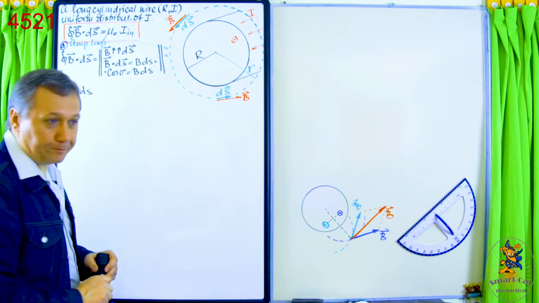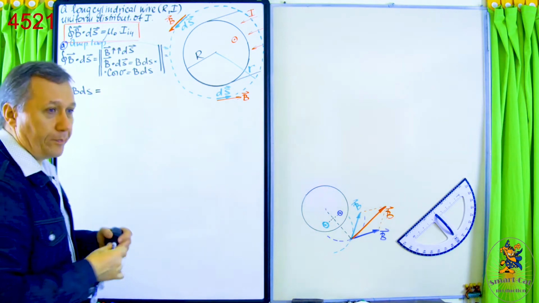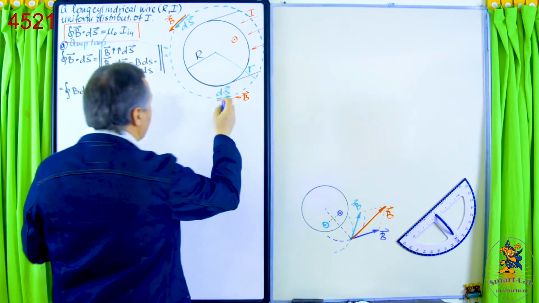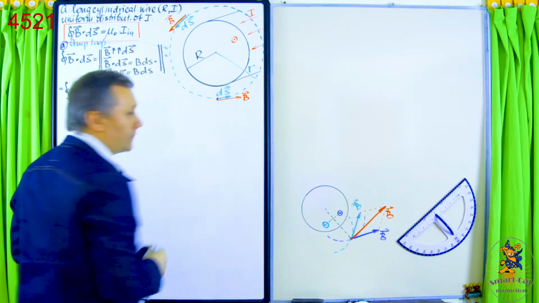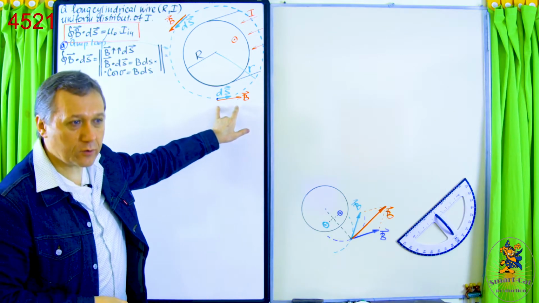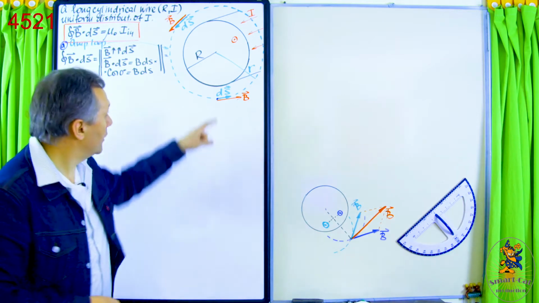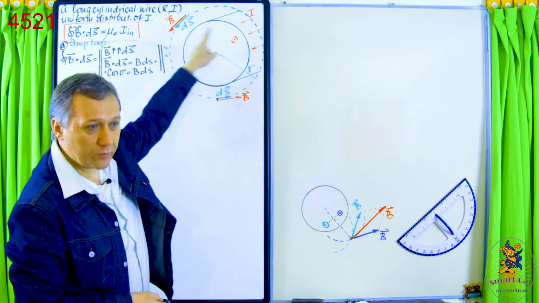Now the second step, again, using the symmetry. Look, what if you sit, for example, over here, and you see the magnetic field, the magnitude of the magnetic field. And of course, what created this magnetic field? Of course, this distribution of current.